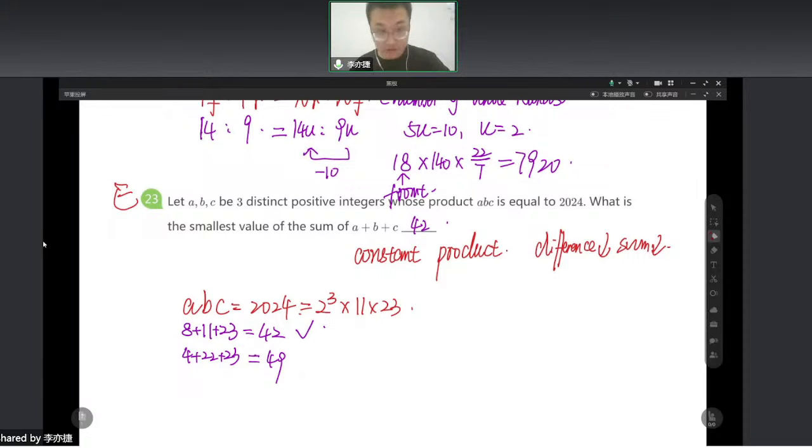Yeah. Okay. So maybe I pause the screen share because I need to open my WeChat to get the questions. So how do I put this question into the note? Wait for me for a while.